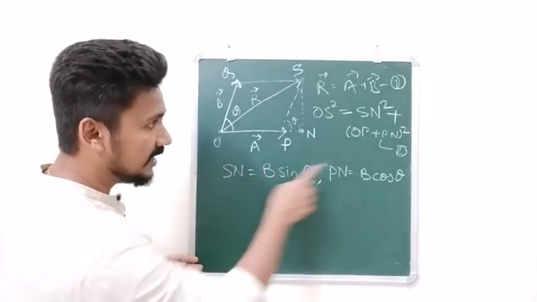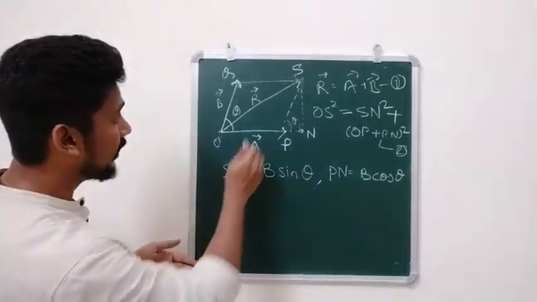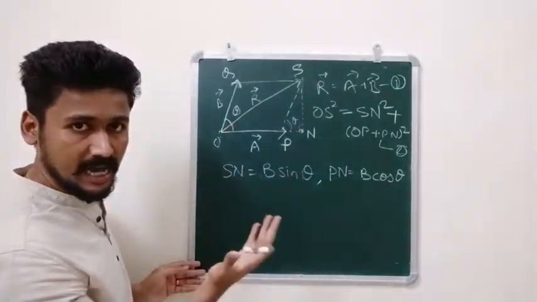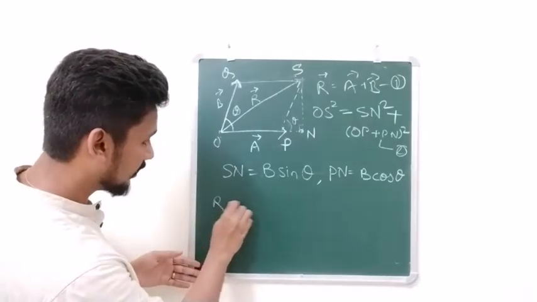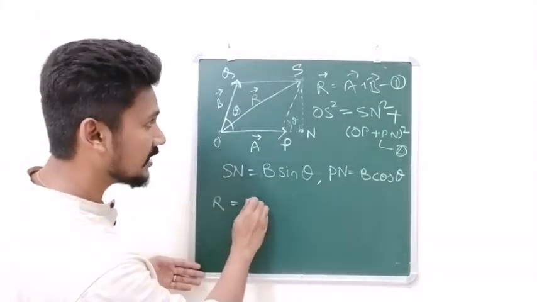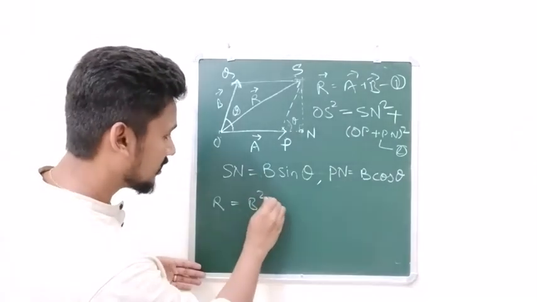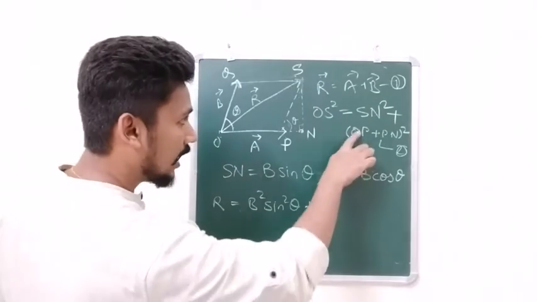So using these, equation 2 will become, and of course OS is nothing but R, that will be the magnitude. So we can write R square, this is only magnitude by the way, equal to SN square, which is B square sine square theta, plus how much is OP?